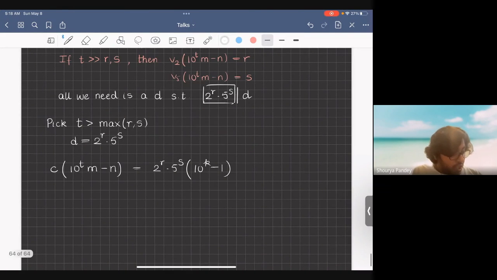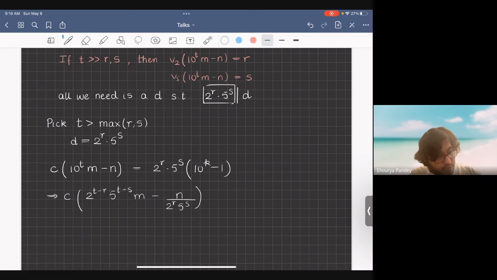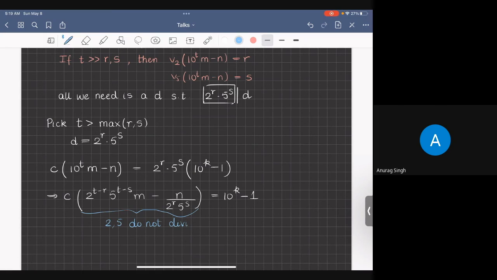And I just divide by 2 to the r times 5 to the s to get 2 to the t minus r, 5 to the t minus s times m minus n over 2 to the r, 5 to the s, equal to 10 to the k minus 1. But now notice that 2 and 5 do not divide this.